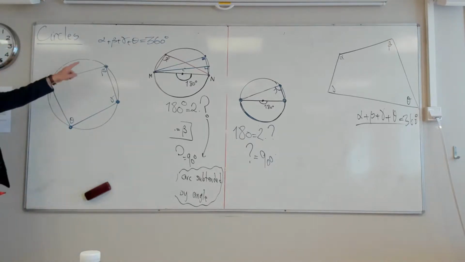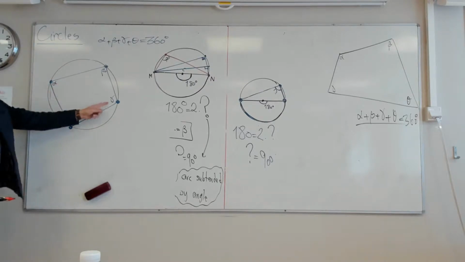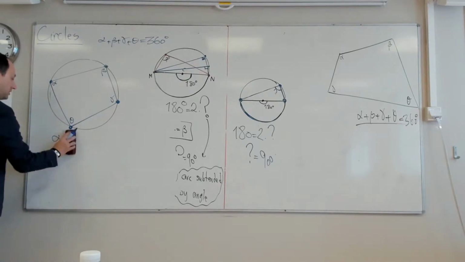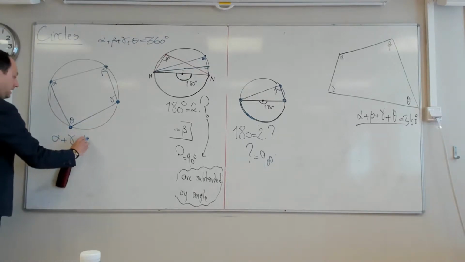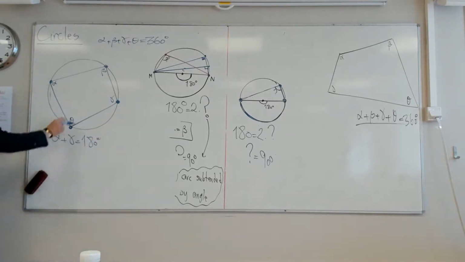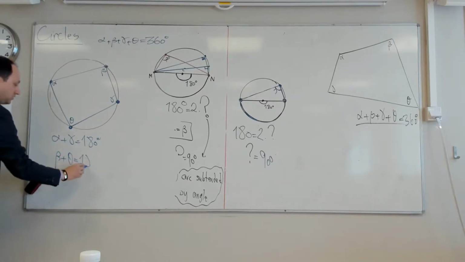But if this is inscribed in a circle, we can say more. We can say that these angles that are opposite to each other, alpha plus gamma, is 180, which we were not able to conclude there. We can also say that beta plus theta is again 180.